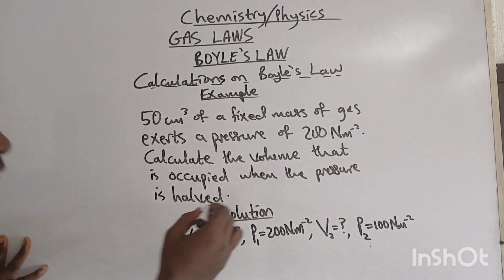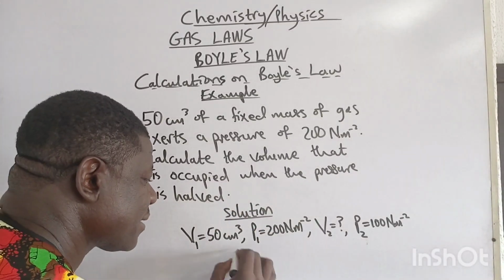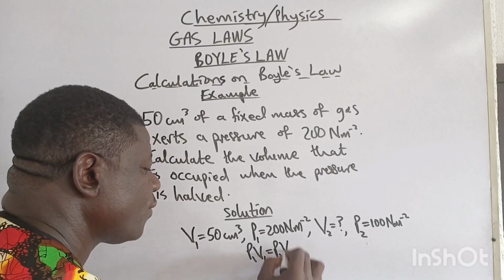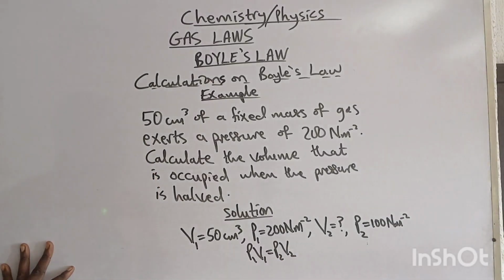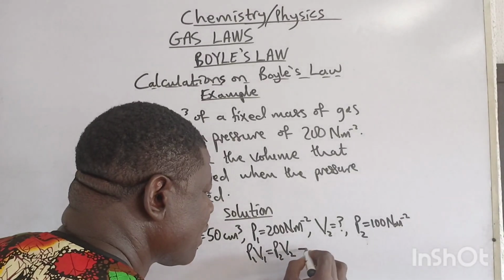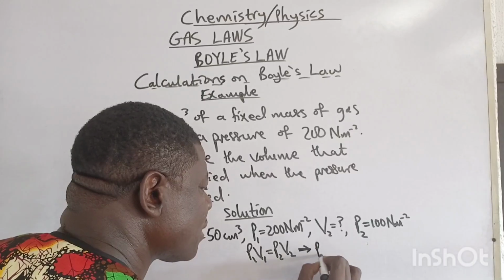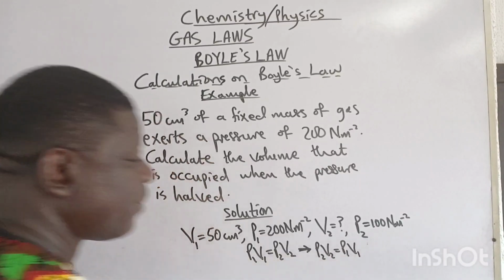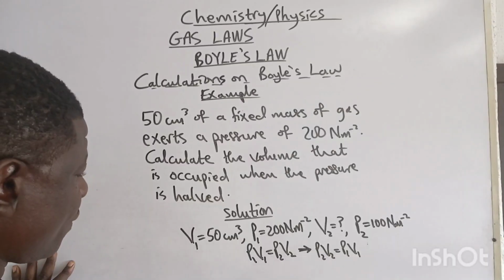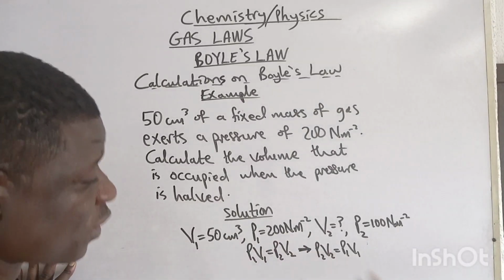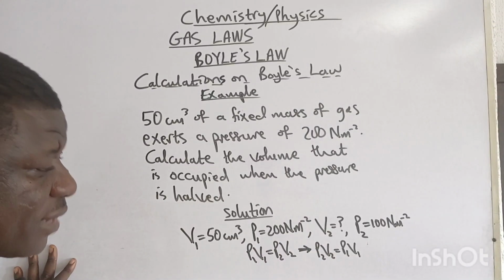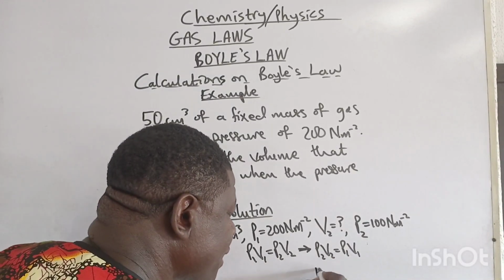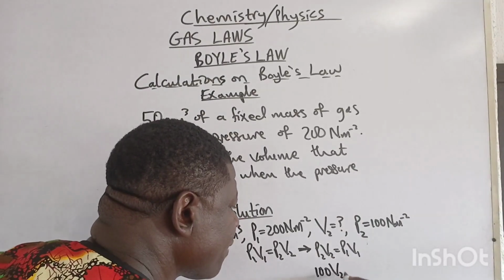Now we have the formula as P1 V1 equals P2 V2. Somebody may decide to say, no, I don't want to use it this way. The person wants to use it as P2 V2 equals P1 V1. No problem. It's even better because what you are looking for is V2, so we'll just make V2 the subject of the formula. If you don't want to make V2 the subject of the formula, in the place of P2, I will replace 100 multiplied by V2.